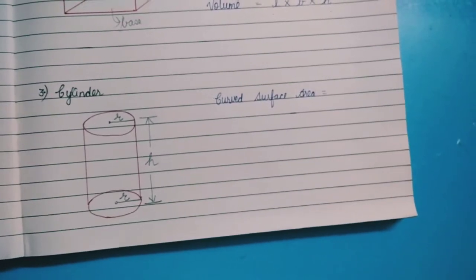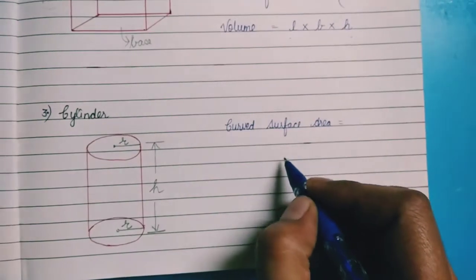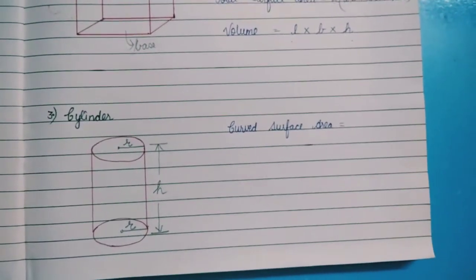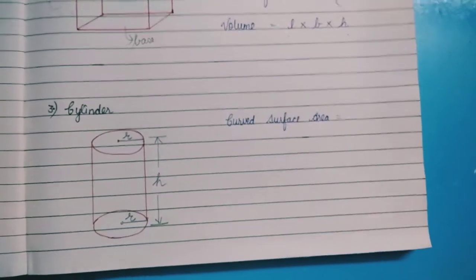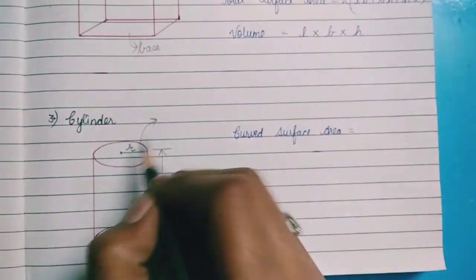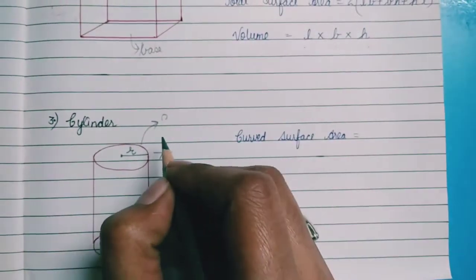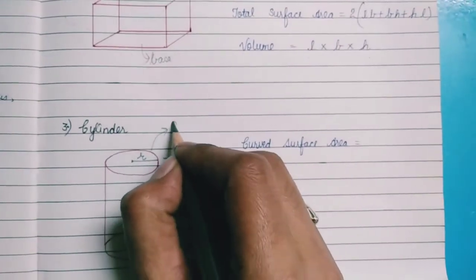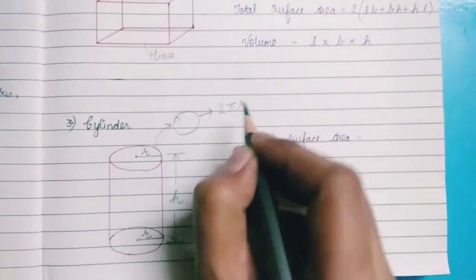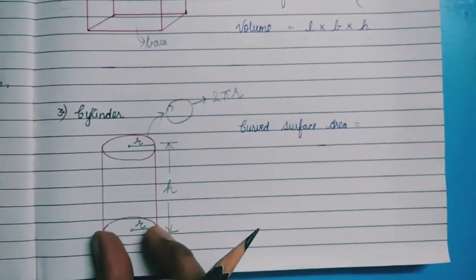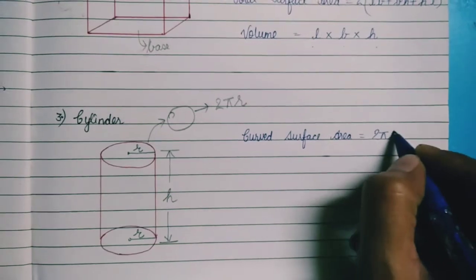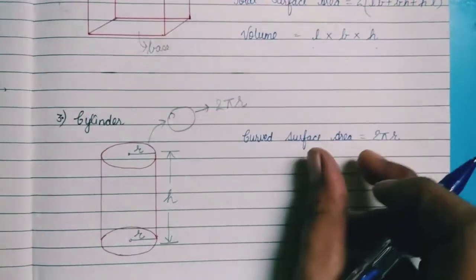Now you can simply see the curved surface area. How many surfaces are here? We have 2 surfaces. When I take the circumference of a simple circle, it is 2 pi r, but here the same circle is going on, so 2 pi r will be the base of the curved surface area.